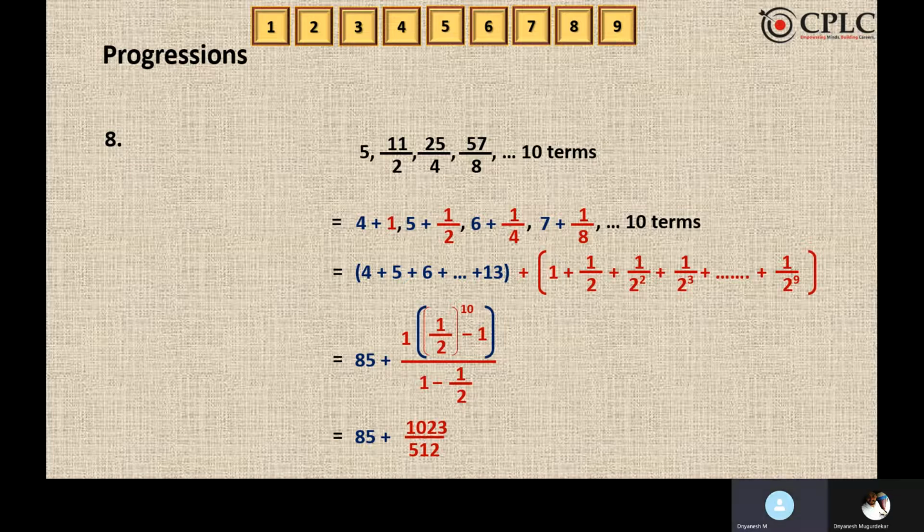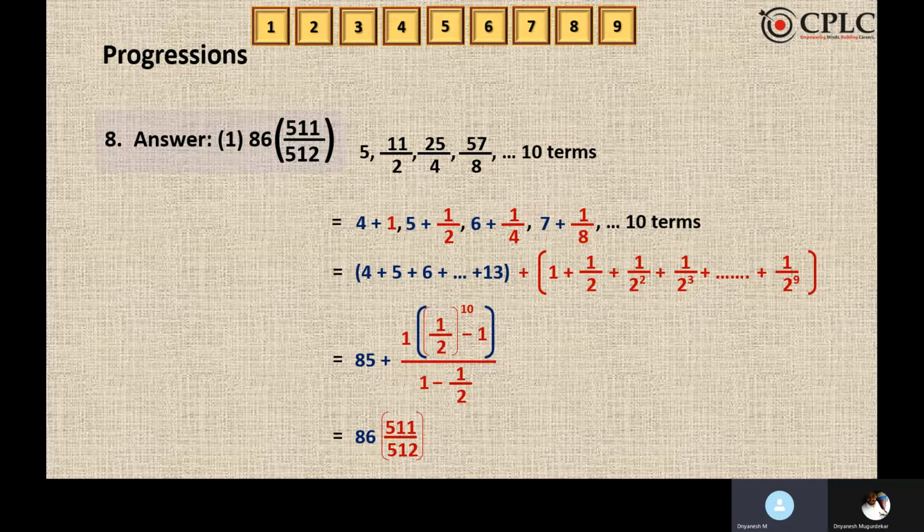So the mixed fraction of 1023 upon 512 is 1 and 511 upon 512. What the examiner is expecting is that you add the integers, that is 1 and 85, which is 86, and 511 upon 512. And this answer, if you observe, is present in the options, and hence that is the correct answer.